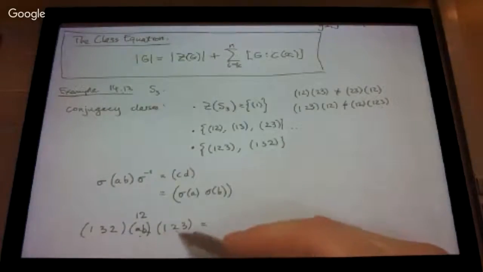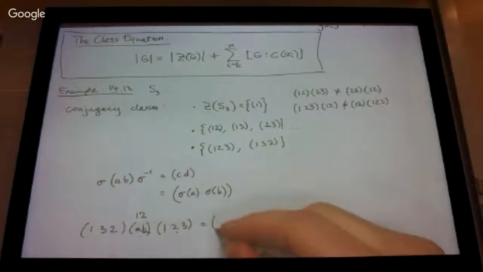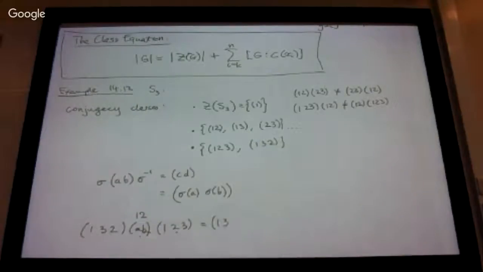So 1 goes to 2, goes to 1, goes to 3. And 3 goes to 1, goes to 2, goes to 1. That's a cycle.